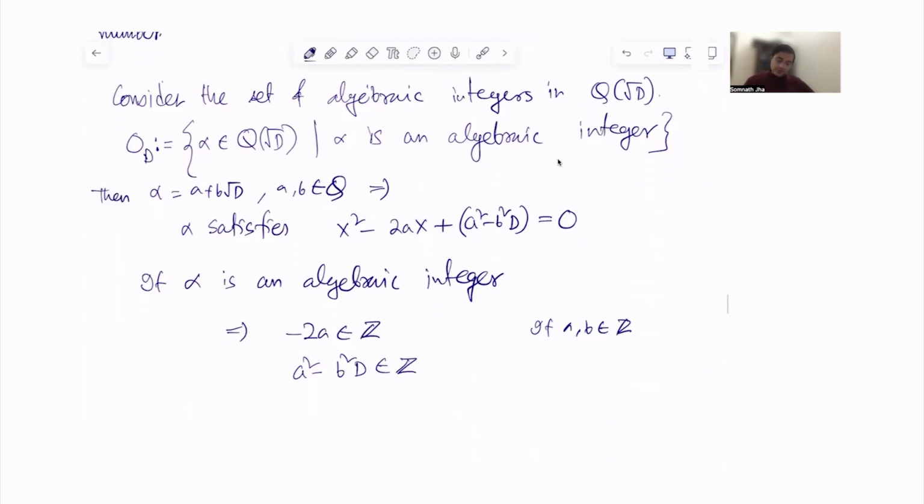So you can deduce by Gauss lemma that minus 2a belongs to Z and a square minus b square d also belongs to Z.